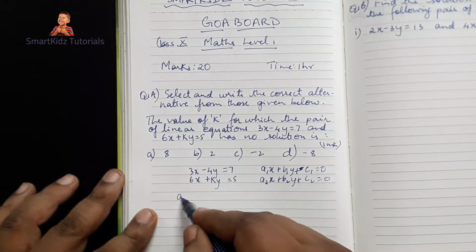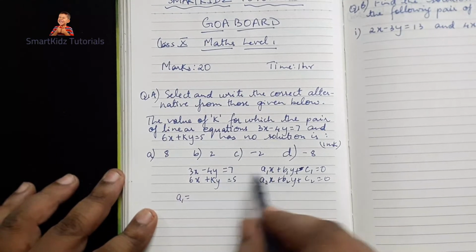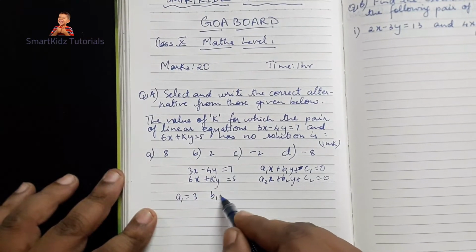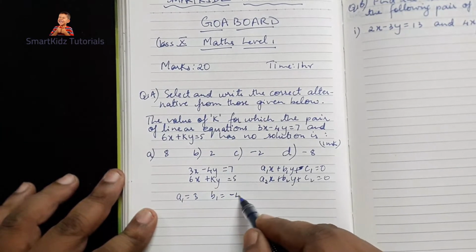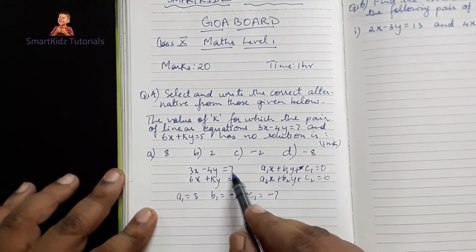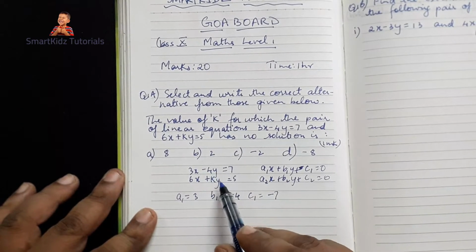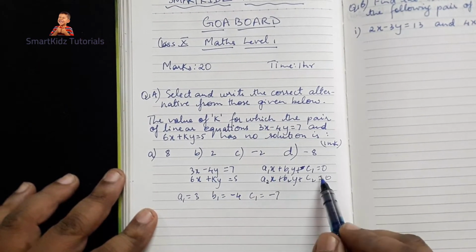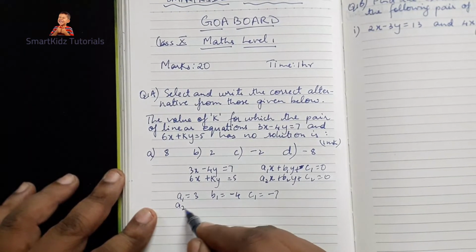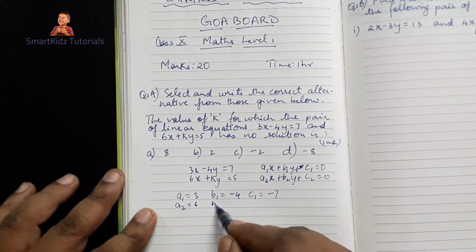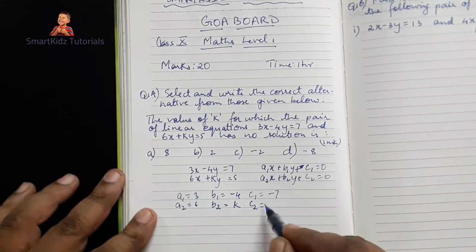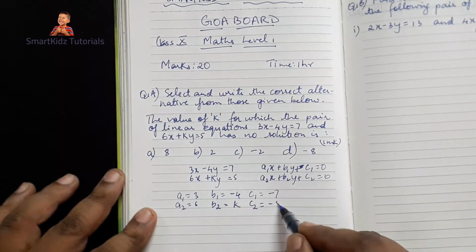We are comparing only the coefficients here. So a1 is 3, b1 is minus 4 and c1 is minus 7, since the 7 goes to the left hand side and only then is it comparable with the general form. Similarly, a2 is 6, b2 is k and c2 is minus 5, as 5 goes to the other side.